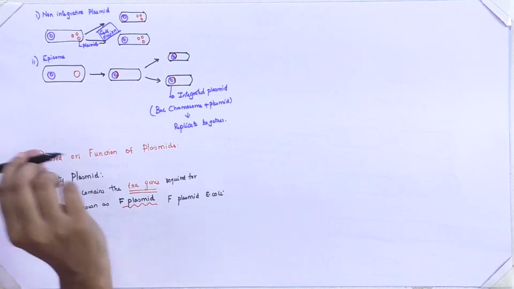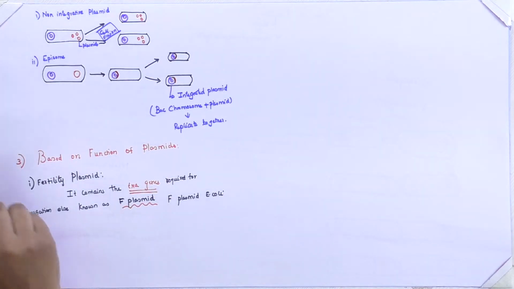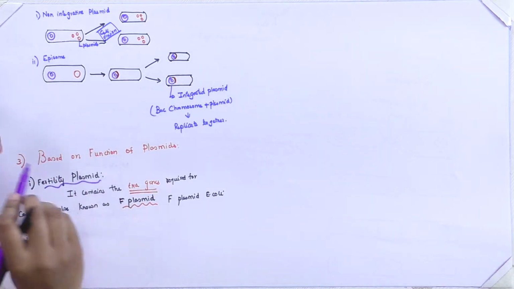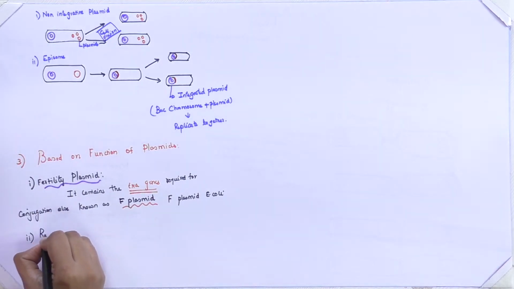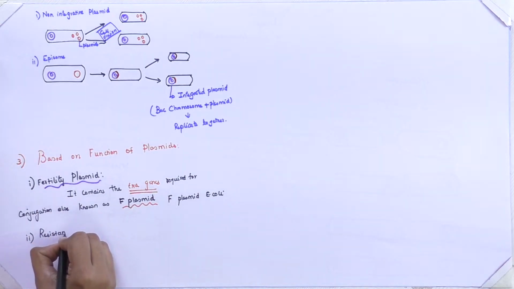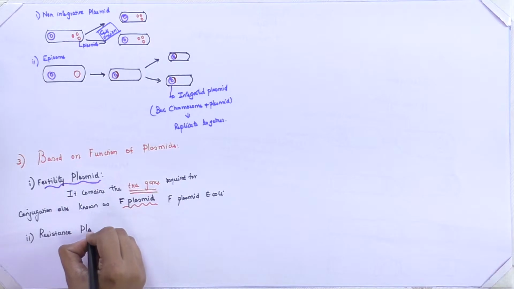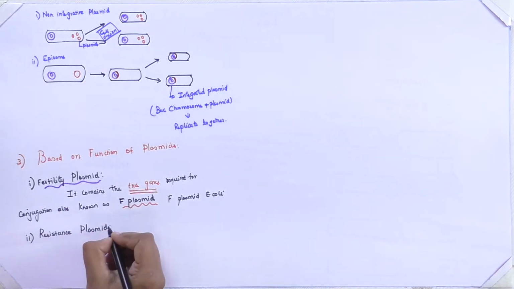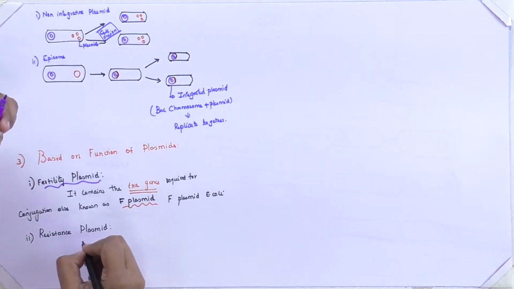The next second category comes the resistance plasmid. As the name indicates, it is going to carry resistance genes within the plasmid.